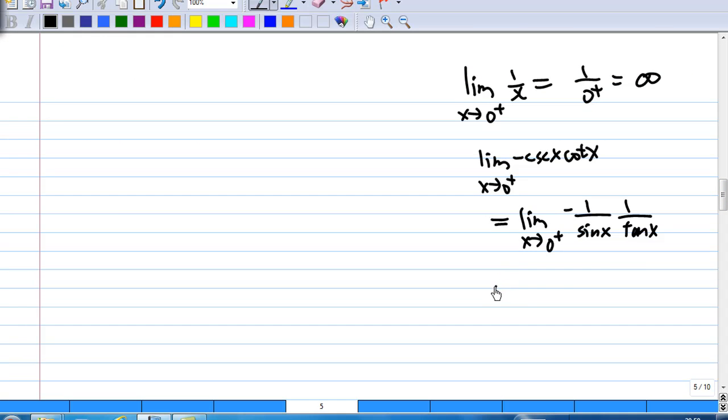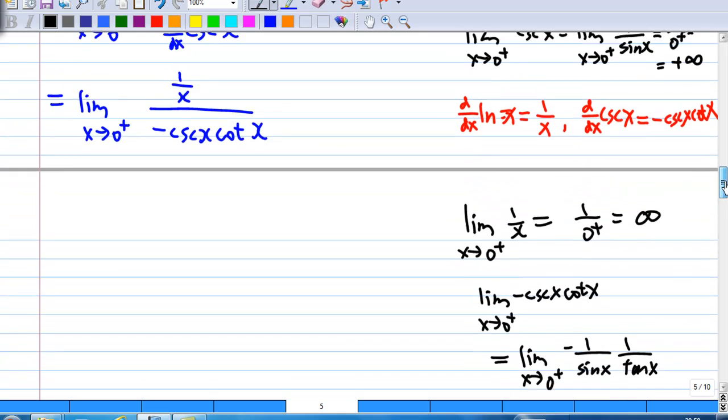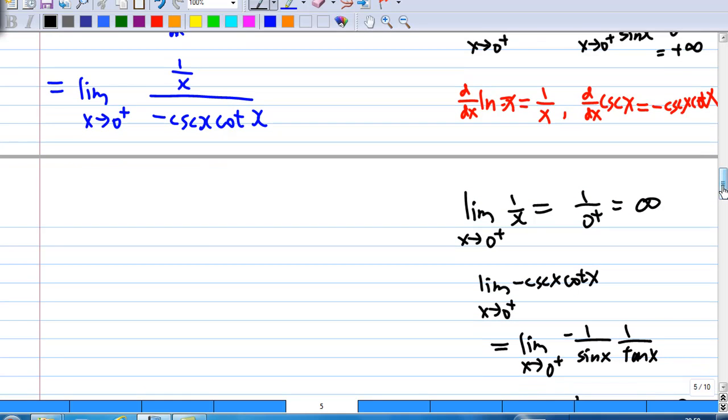When x goes to 0 plus, sine x goes to 0 plus. So in the end, you have minus 1 over 0 plus, which is minus infinity. Therefore, the limit of 1 over x over minus cosecant x cotangent x gives the indeterminate form minus infinity over infinity again.